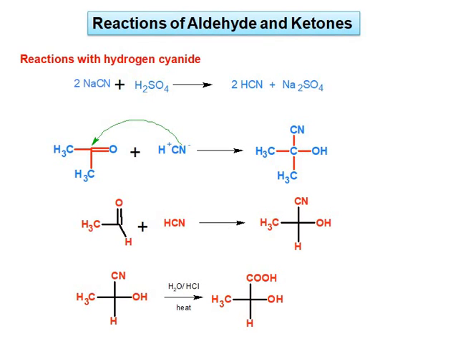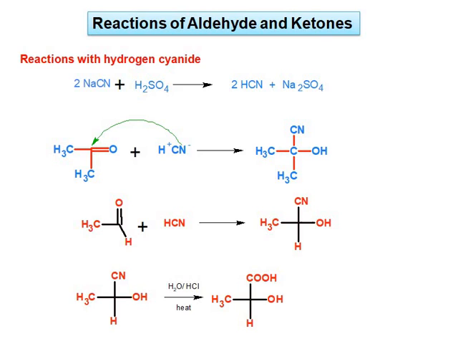Now we have seen some reactions. We have some different reactions of aldehydes and ketones. The first type of reaction we see here is the reaction with hydrogen cyanide. The carbonyl compounds react with hydrogen cyanide to form the addition product known as cyanohydrin.